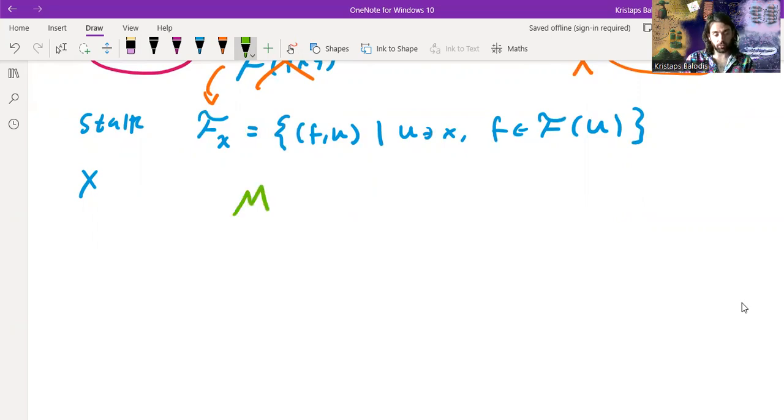It assigns to each open set functions from that open set in my manifold into, say, the real numbers, if I'm working on a real manifold, that are infinitely differentiable.